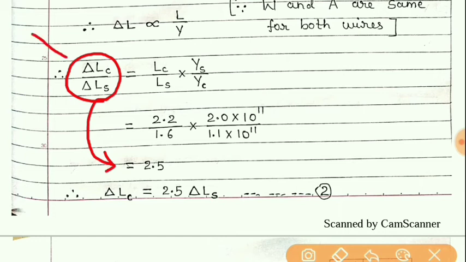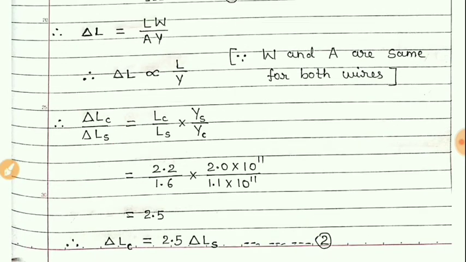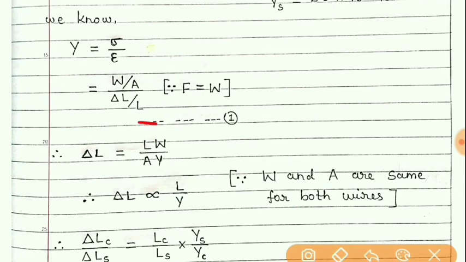So making delta LC the subject, we can write this as equal to 2.5 delta LS. Let us give this equation number 2. Already we have equation number 1.